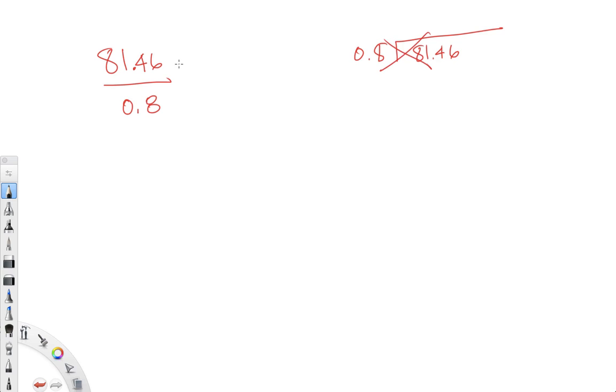So instead, I'm going to rewrite this so that I have a denominator that's a whole number. That's why I multiplied by 10 over 10, because it's the same number now, but I have a divisor, a denominator that's a whole number, and I just find that much simpler to work with.